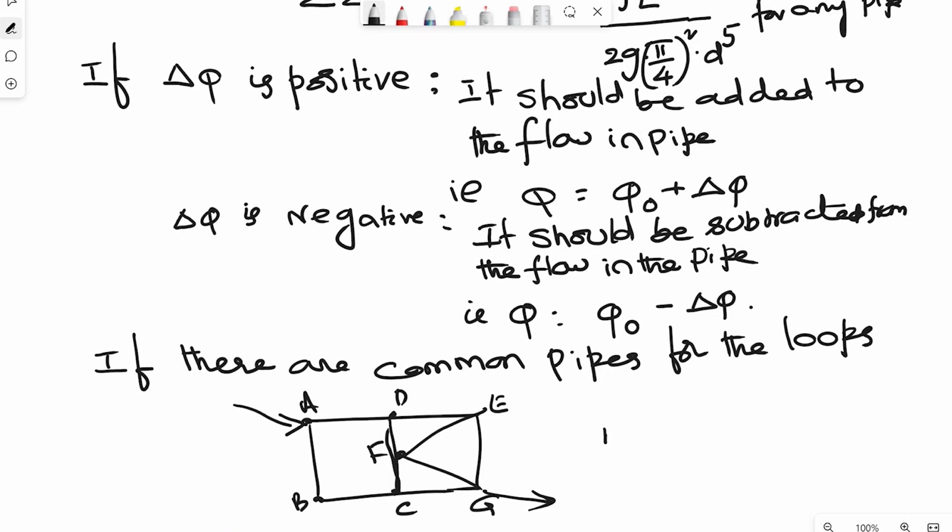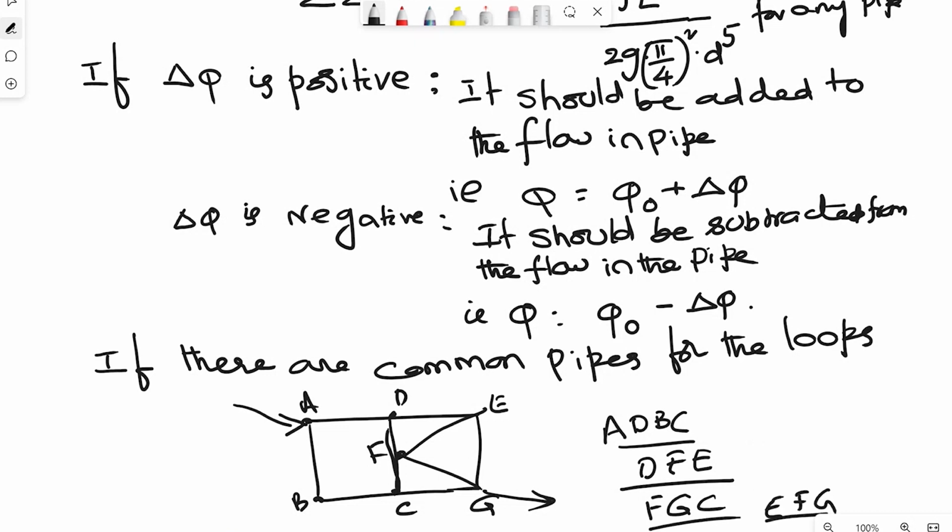Similarly, another loop is DFE, another loop is FCG, and another loop is EFG. There are four loops here.